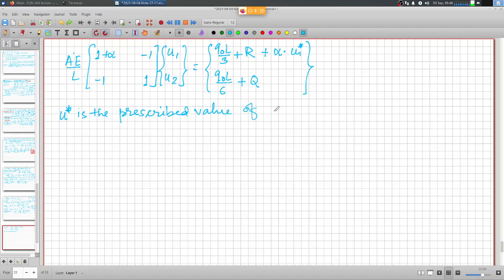It is the prescribed value of U at x is equal to 0, U star 1. So in this case it is equal to 0, in the present case u1 star is equal to 0.